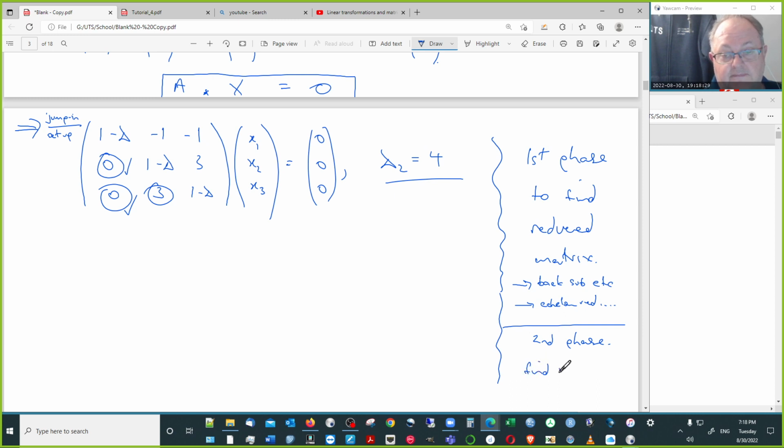Okay. And that's where the eigenvector part comes in. So this is kind of the eigenvalue part, and then the eigenvector. So it's the meta information about what you're doing.